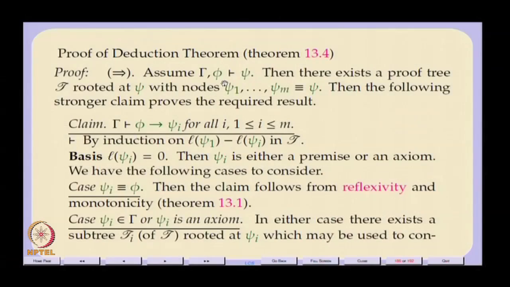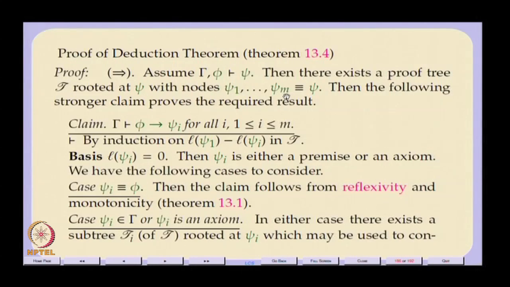What I am going to assume is that by including phi in the assumptions, I can prove psi. If I assume that psi is provable from gamma comma phi, that means there exists a proof tree possibly consisting of m different nodes rooted at psi.